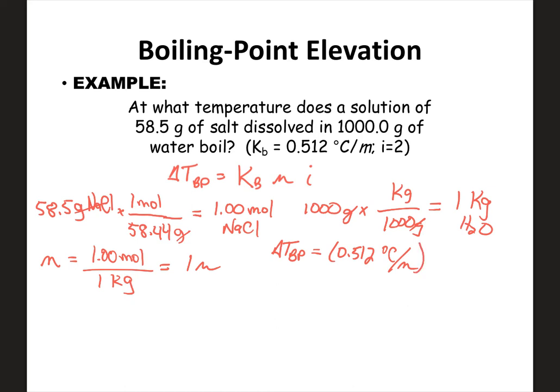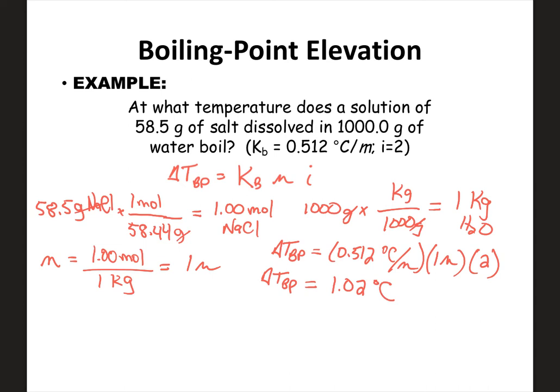We're going to times that by the molality, which is just 1 mole. And then we're going to times that by the Van't Hoff factor, the I value, which we know is 2. So when you plug and chug this and solve for the change in temperature here, we're going to get, with correct sig figs, 1.02. And remember, degrees Celsius are going to be your units that are left over.